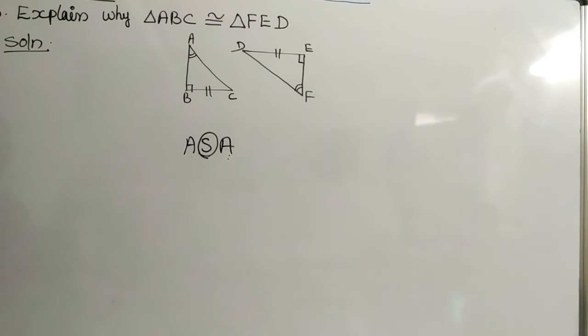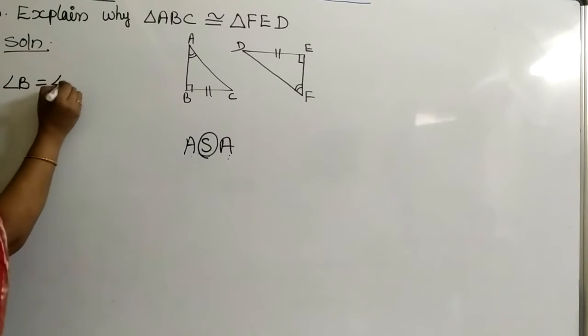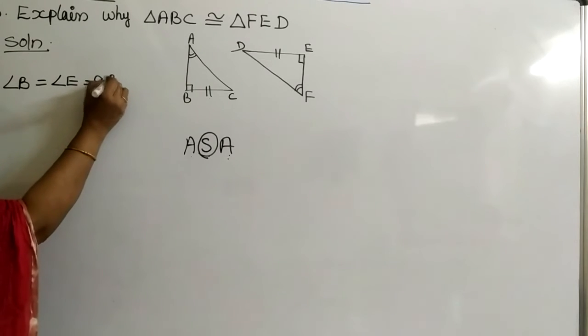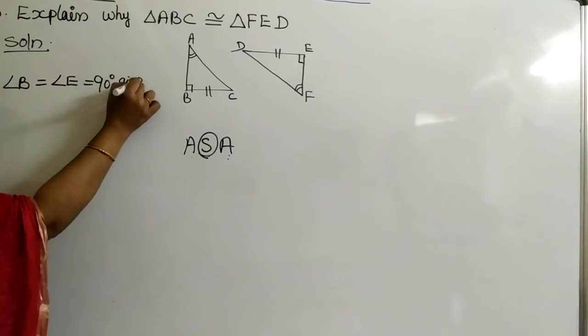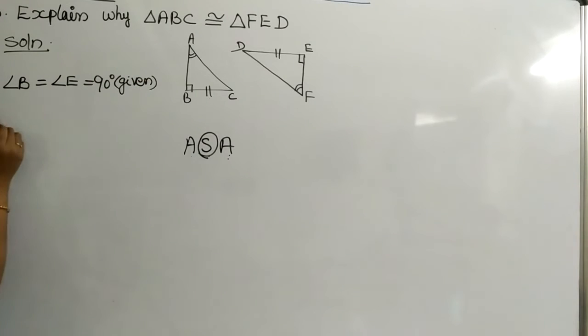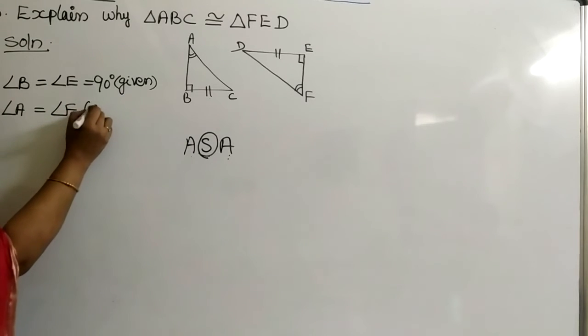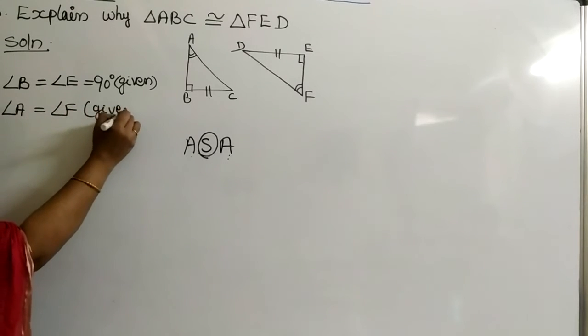So we can find angle C by using angle sum property of a triangle. So given angle B equal to angle E, which is equal to 90 degree is given. Now angle A equal to angle F is also given.